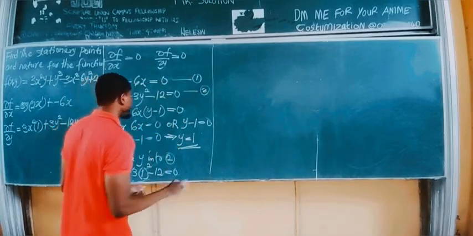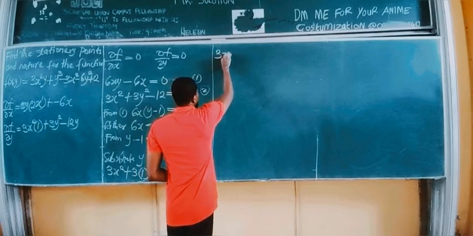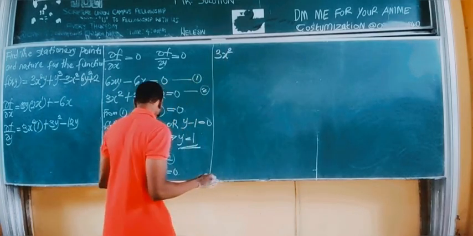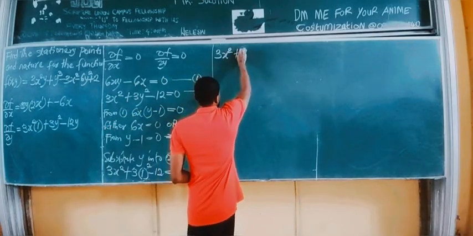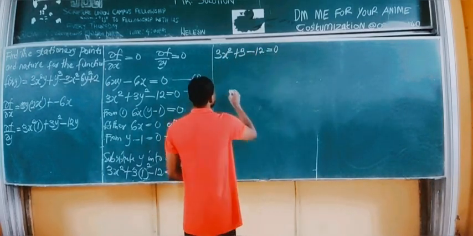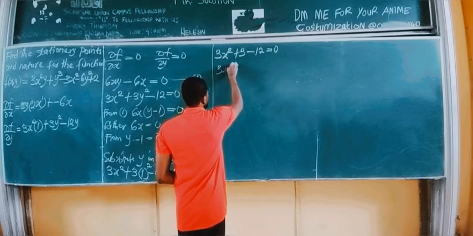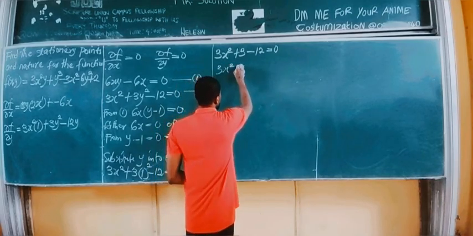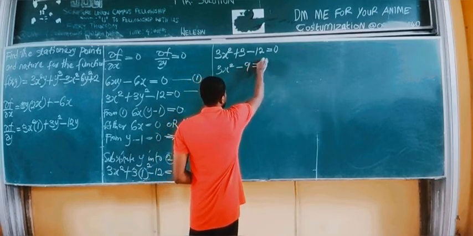So this gives me 3x squared plus 3 minus 12 equals 0. So 3x squared, 3 minus 12 gives me minus 9, equal to 0.